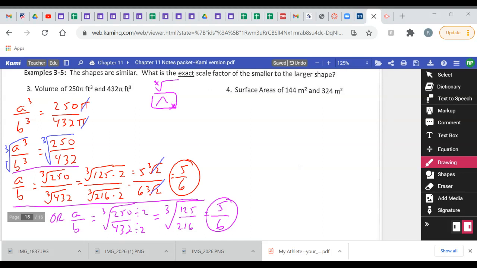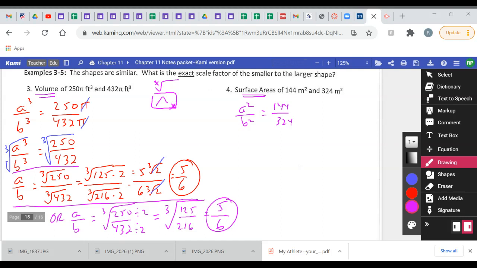On number 4, it's telling me the surface area. So kind of pay attention. Here's volume, and now we're talking about surface area. So surface area is a squared over b squared. If I know the ratio is 144 over 324, and if I want to take the square root of both of these, a square root technically has a little 2 here, but it's not necessary to write the little 2.